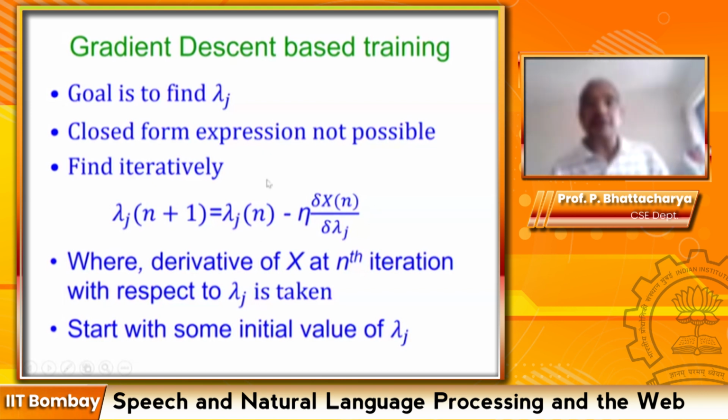So this is our guiding controlling equation: lambda j n plus 1 is lambda j n minus updation rate into the partial derivative of the function with respect to the parameter. This is our guiding equation. So please verify that you are seeing this gradient descent equation, lambda j n plus 1.